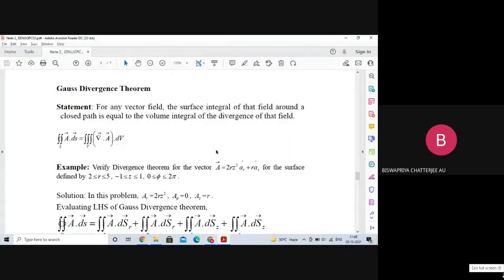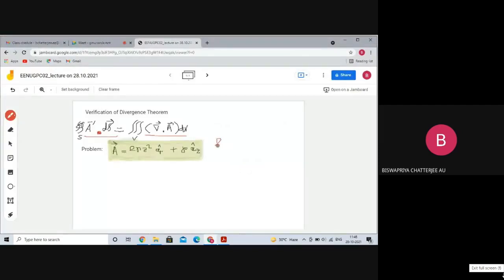The range is given by 2 less than or equal to r less than or equal to 5. This is the range for r. The range for z is -1 less than or equal to z less than or equal to 1, and the phi range will be 0 to 2 pi.